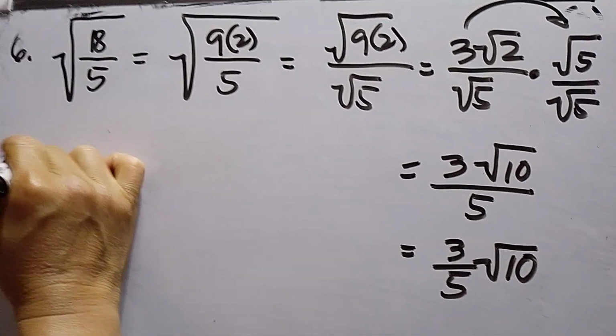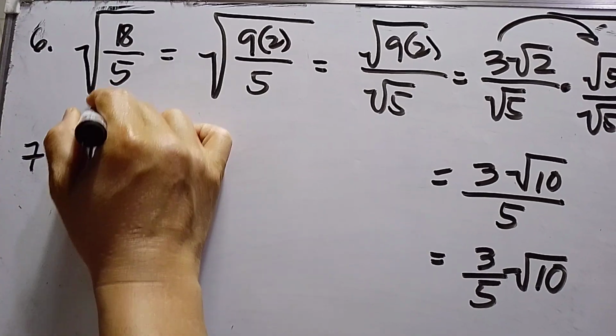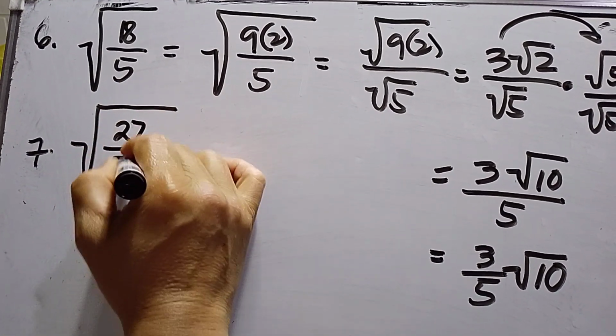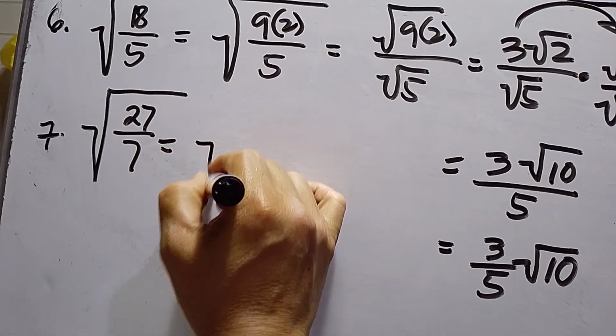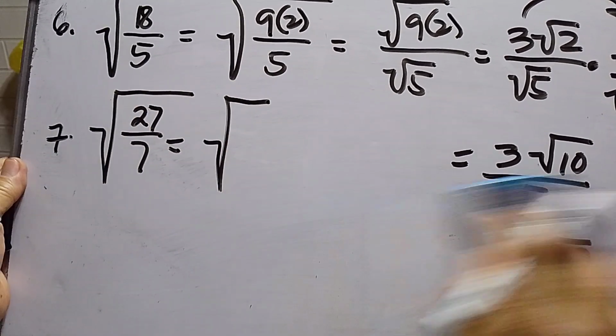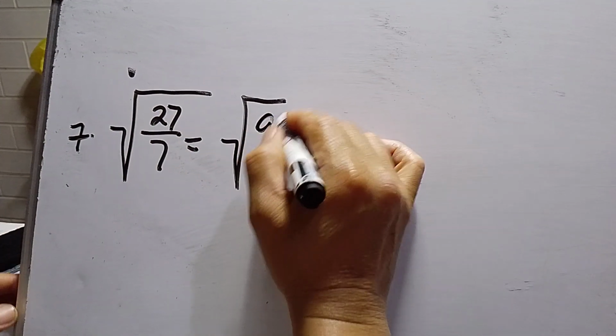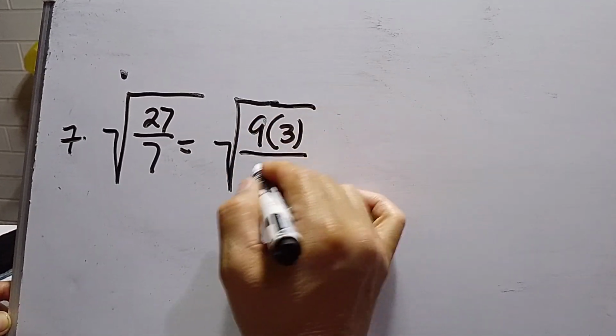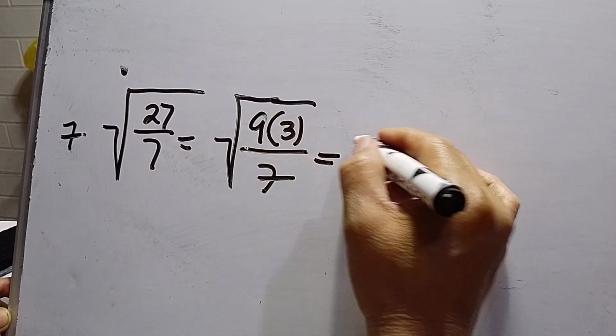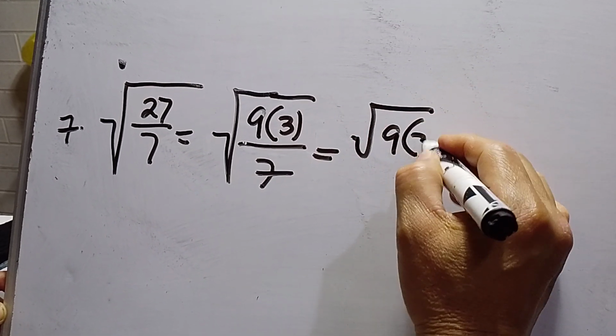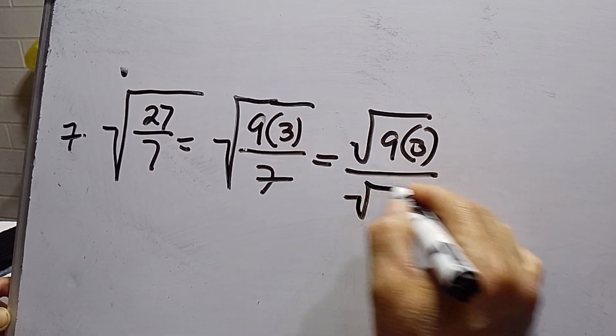Number 7, square root of 27 over 7. The factors of 27 are 9 and 3. So 9 times 3 over square root of 7.